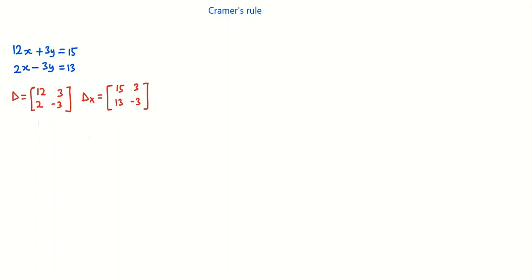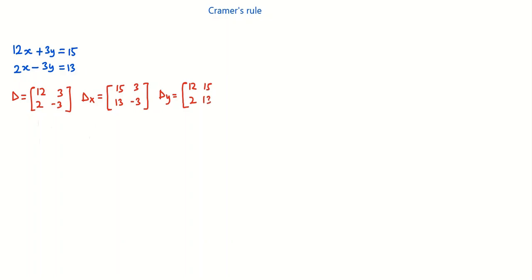And then you're going to generate another matrix which we will name as D sub y. For this matrix too, you're going to have 12 and 2 here, and for the second column we are going to replace it with this column here, which will be 15, 13. So we're going to have 15, 13 here.